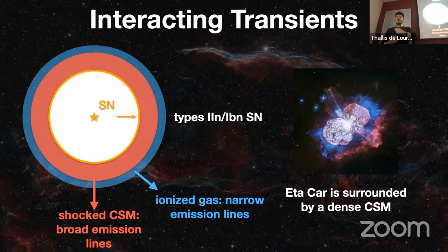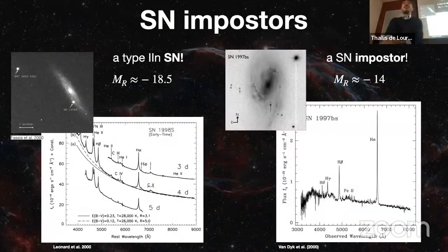And we could see again these very characteristic emission lines of interacting events. The problem is that in some cases, these stellar eruptions that are not supernovae are misclassified as supernovae because they are very similar to real type 2N supernovae.